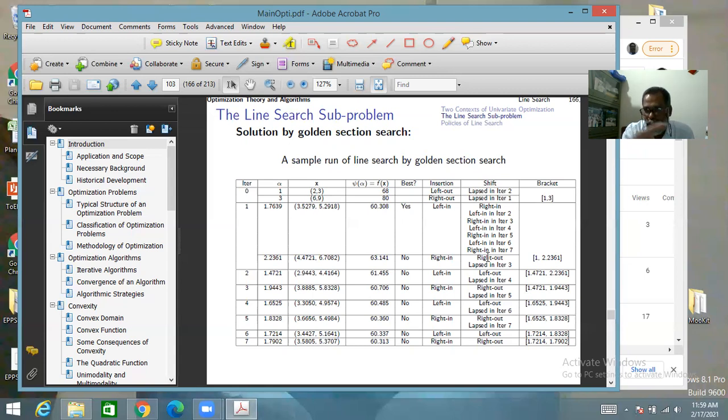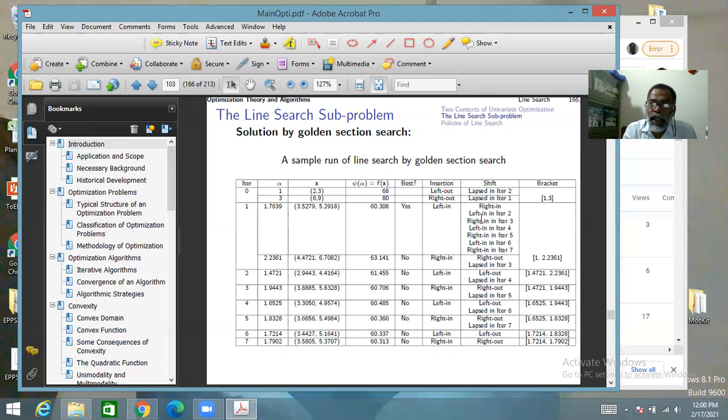And according to the golden section operation, the other interior point shifts its place to the other side. From left in, it becomes right in. And then the upper limit of the bracket comes from here, because that point has now become the XU. And over the next iterations, it happens that this point is so good that it never goes to the boundary.